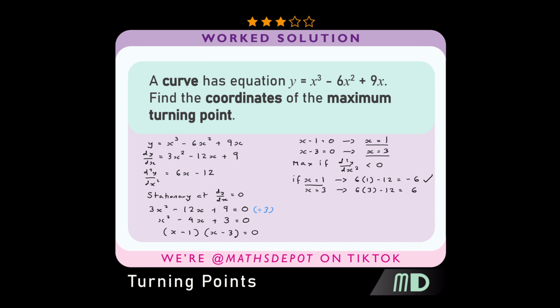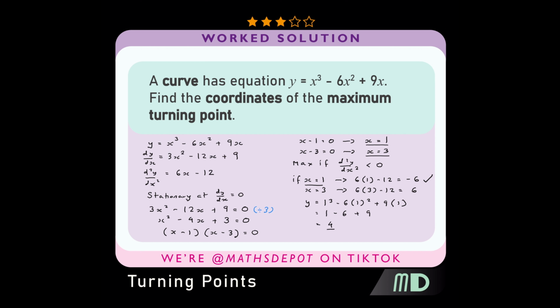So substituting 1 for x into the equation gives us y equal to 1 cubed minus 6 multiplied by 1 squared plus 9 multiplied by 1, which is 1 minus 6 plus 9, which is equal to 4.